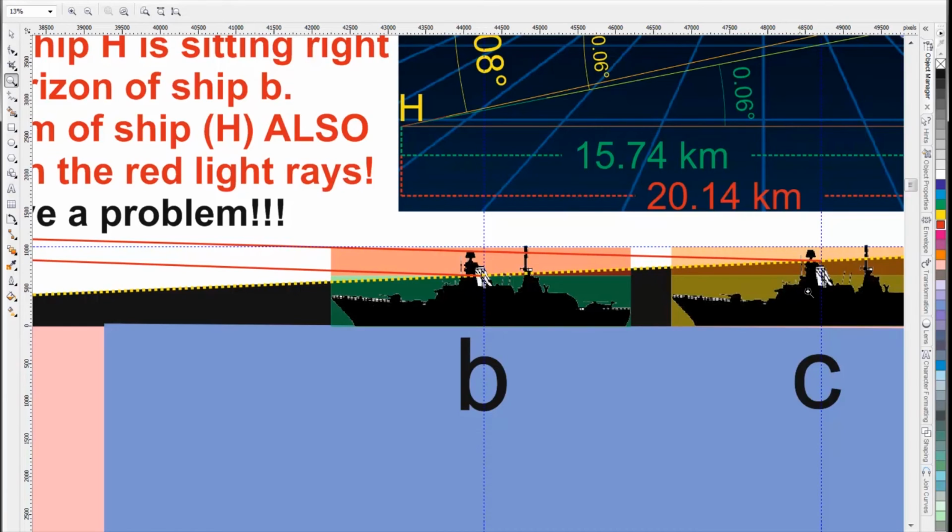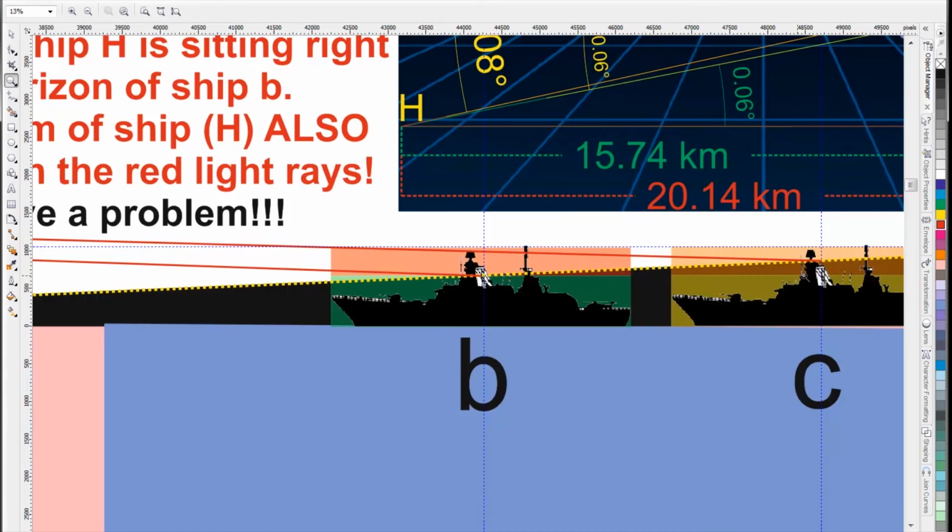If we have two ships instead of one, and we have one lookout there and one lookout at the bridge here, and they raise their heads up above the yellow line, they can see the same thing. The same light ray is hitting both of them. However, these lines, they're different.